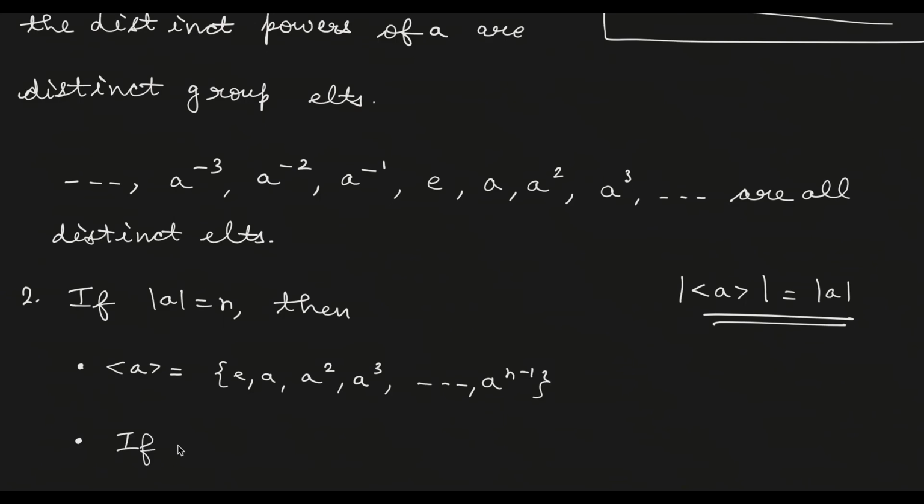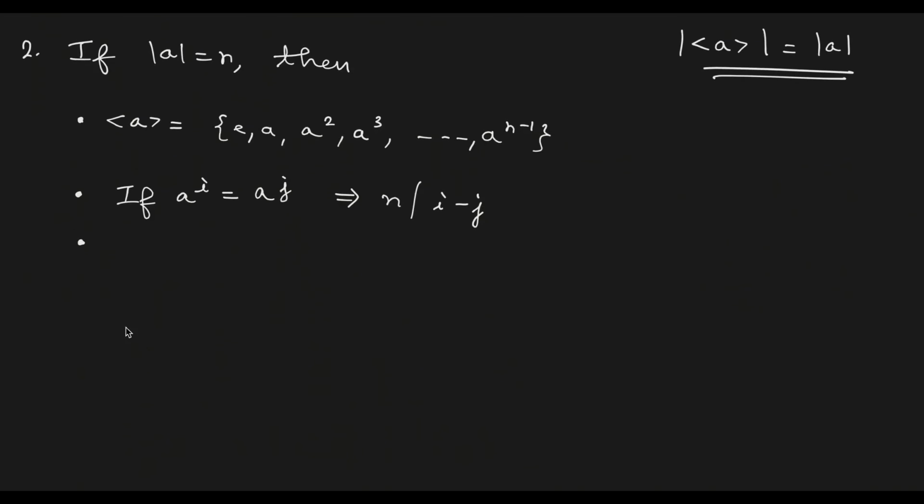If A to the power i is equal to A to the power j, then n divides i minus j. If A to the power k is identity, then n divides k. If A to the power k is identity, then order of A divides k.